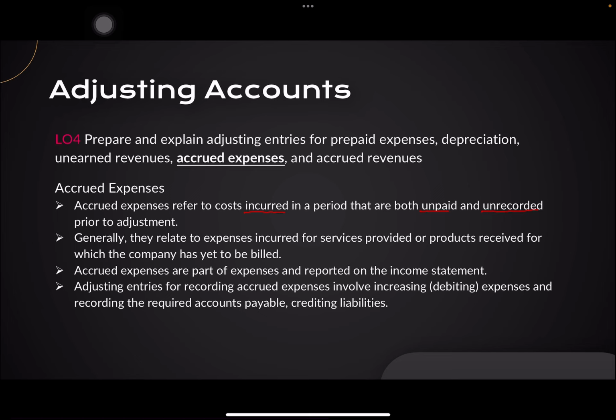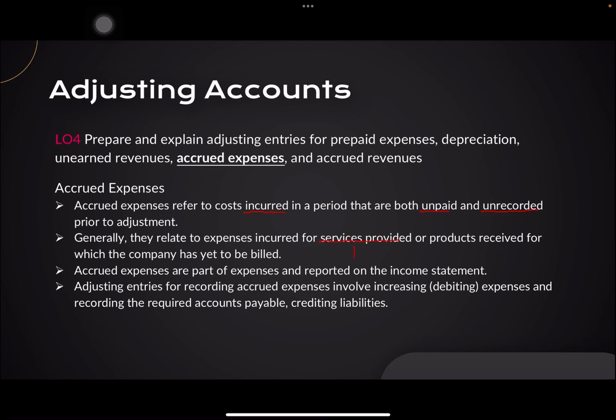That cost should be unpaid and unrecorded. All right? So generally, they relate to expenses incurred for services provided or products received for which the company has yet to be billed. So it says here, examples of your accrued expenses are services that were provided to you.